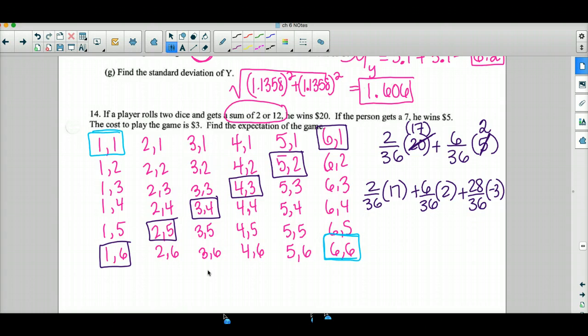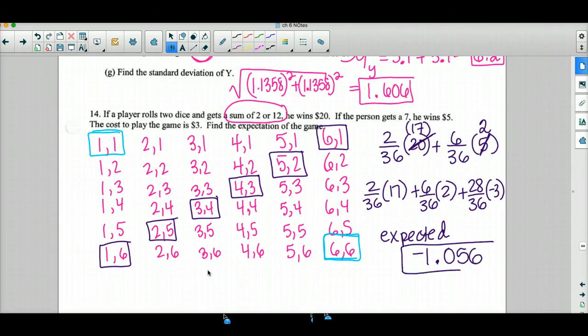2 divided by 36 times 17 plus 6 divided by 36 times 2 plus 28 divided by 36 times negative 3. I have that my expected value is negative 1.056.